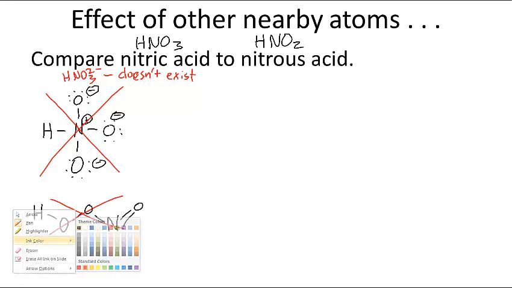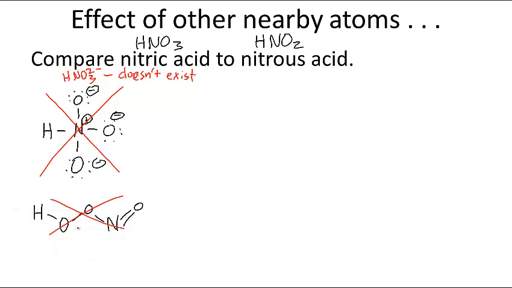One thing I want you to know about these acids with oxygen, these oxyacids, is that the hydrogen is always bonded to the oxygens. So HNO3 should be connected that way, and then HNO2 should be connected that way.